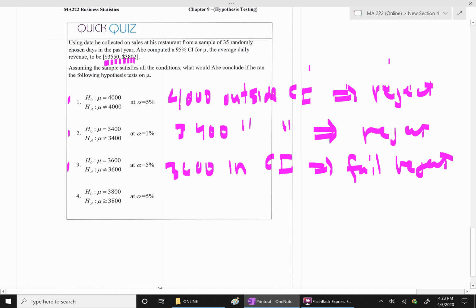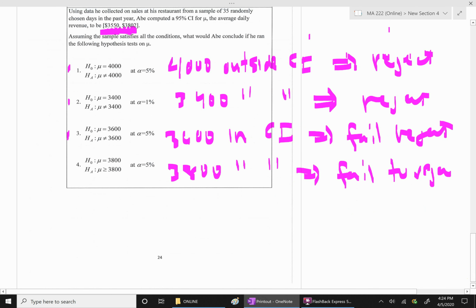And if he wanted to test if mu is equal to 3,800, exactly the same thing. 3,800 is in our confidence interval, so again he would fail to reject.